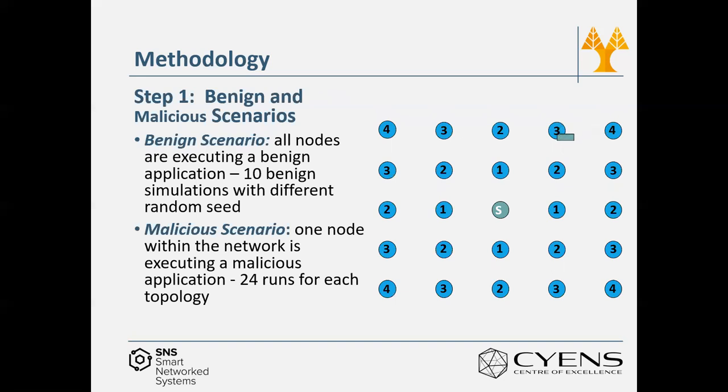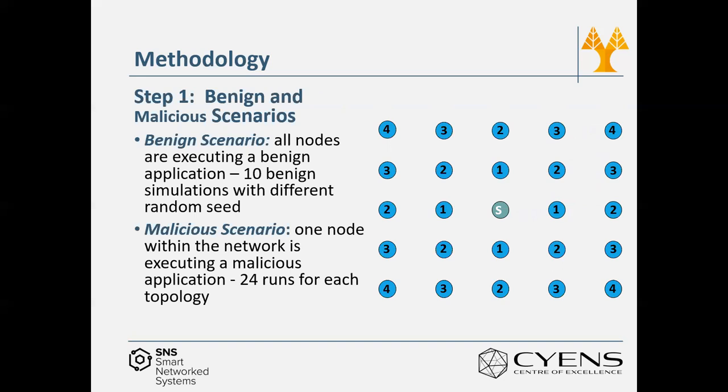To retrieve data from both benign and malicious local activity, we define 2 types of scenarios, the benign and the malicious scenario. In a benign scenario, all nodes within the network are executing a benign application. In the malicious scenario, one node within the network is executing a malicious application.